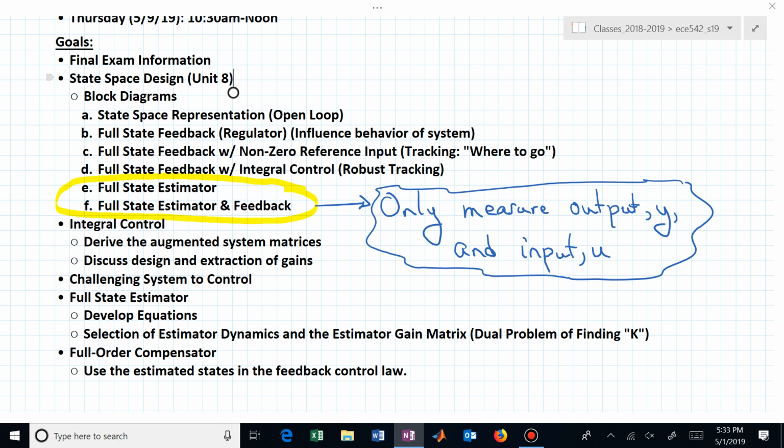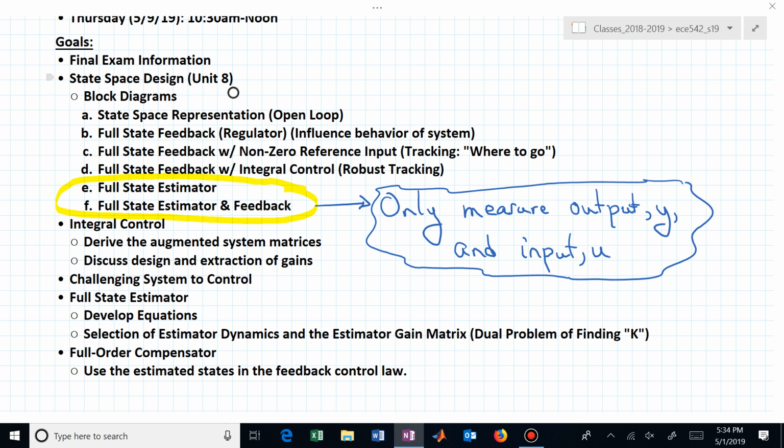Then we'll go through A through F different block diagrams. And each of those A through Fs represent a different strategy in terms of control. You will be responsible for A, B, and C in this class. The others are for your enjoyment.